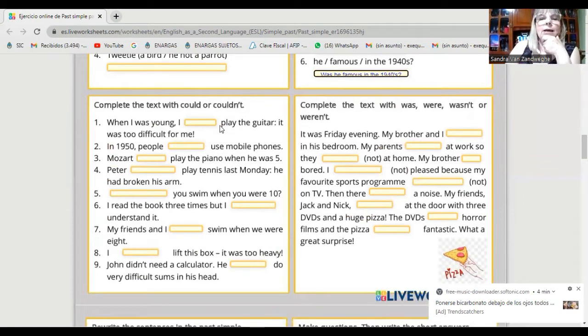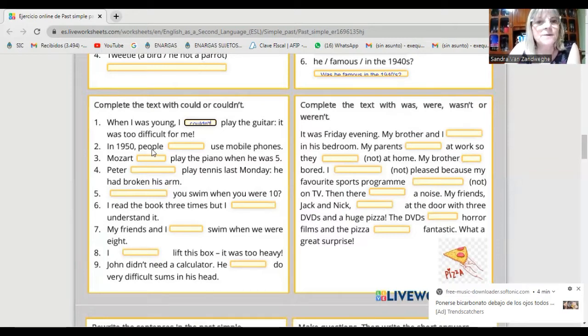Ok. Complete the test with could or couldn't. Bien. O sea, el verbo can, can't en pasado. When I was young, hay que entender primero el contexto para saber si va a ser afirmativo o negativo. When I was young, I played the guitar. It was too difficult for me. Demasiado difícil. So, I couldn't play the guitar.